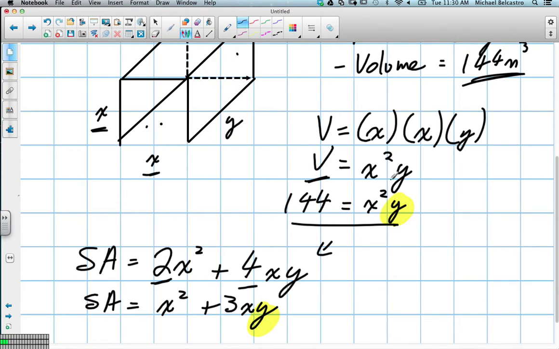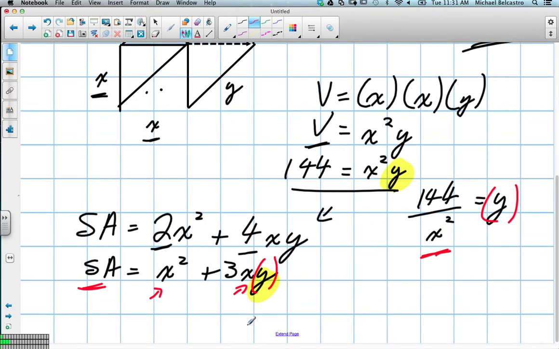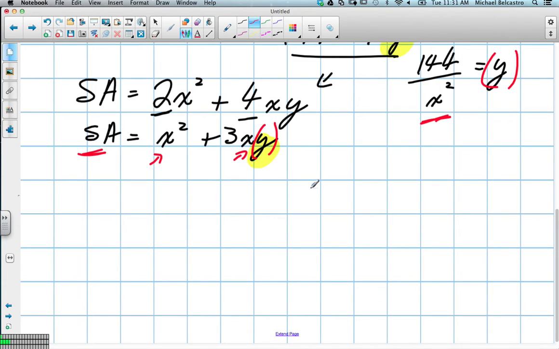So y is equal to 144 over x squared. That means we can now replace the y in the other equation with a value of x so that our surface area is only in terms of x. Once we have it in terms of something, we can derive it to find a specific value.